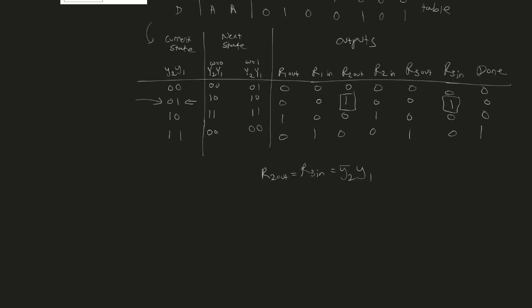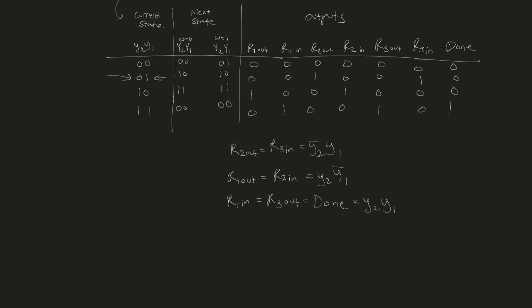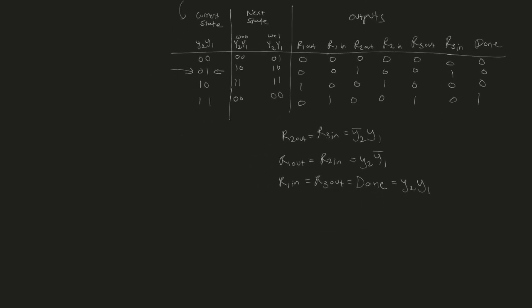The next one, R1 out will be equal to R2 in, which will be equal to Y2 times Y1 not. And then the next one, R1 in is equal to R3 out is equal to done, and that's equal to Y2 times Y1. Okay?